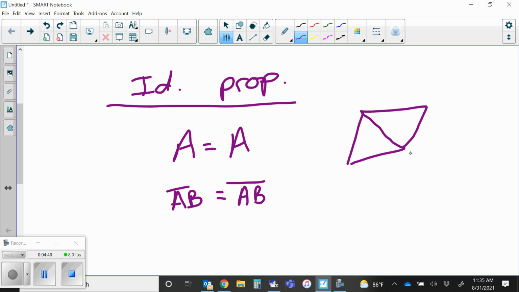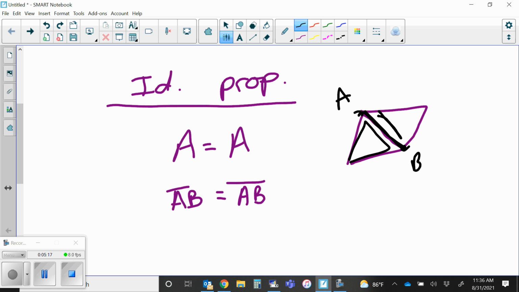And in order for these two triangles to be the same, they have to have some sides that are the same. They have to have some angles that are the same. And so what we can say is that this side AB is congruent to what? AB would be congruent to what? AB.